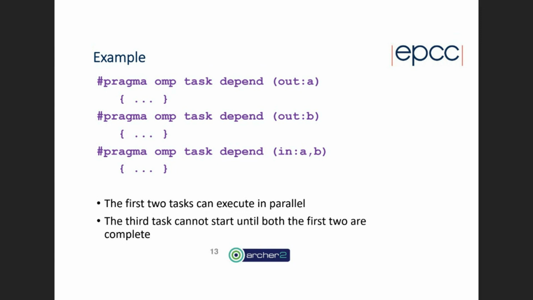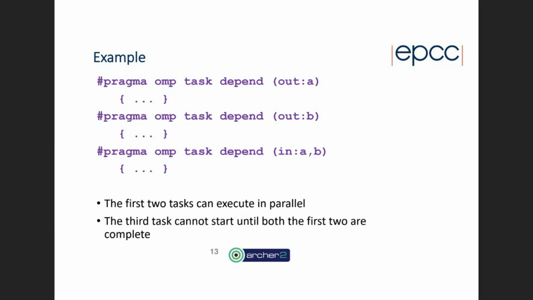So it's possible to code quite complicated dependency patterns with this. Although you would probably expect the use case to be that the first task wrote A, the second task wrote B, and the third task read A and B, that's not actually a constraint.